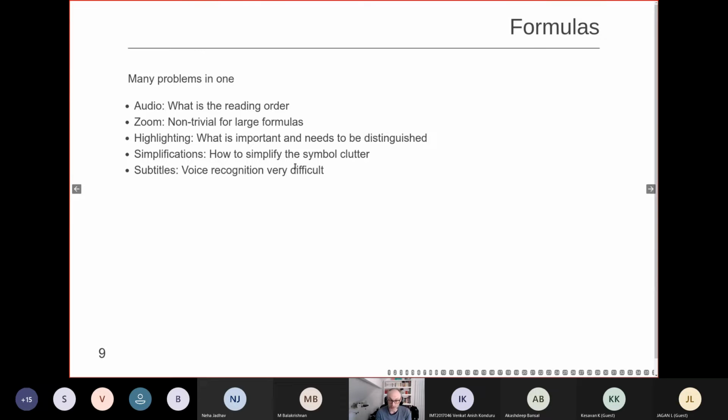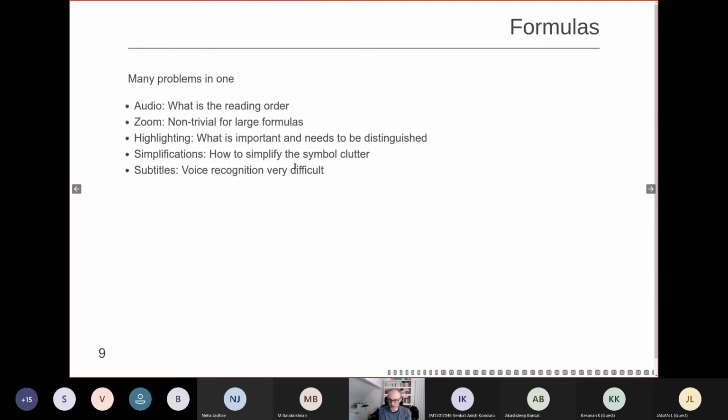Consequently, other elements are difficult. Zooming: what is the important part we want to zoom in on in a formula? If you want to do highlighting to support people with dyslexia and dyscalculia, for instance, then it's important what you are highlighting, what things you actually want to set off against each other. If there are too many symbols in there, you might have to alleviate that symbol clutter. How do we simplify that?